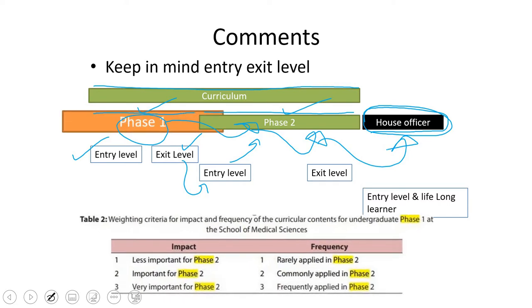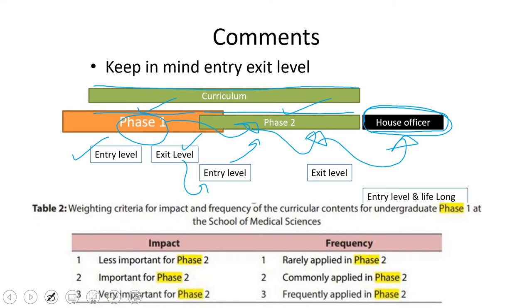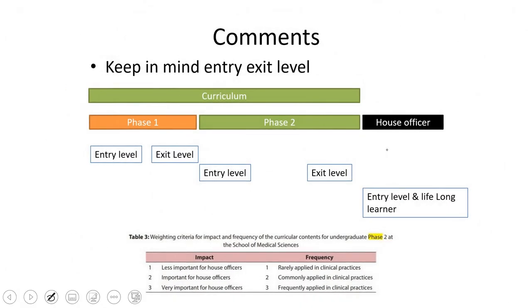So in phase 1, we primarily focus on the preclinical phase. It is pertinent to mention that once you are going to make a blueprint, you must keep in mind which level of students you are preparing the blueprint for. If it is for an MBBS program, you will focus on phase 1, then phase 2, and then the resident level.